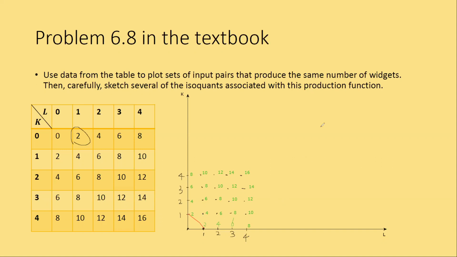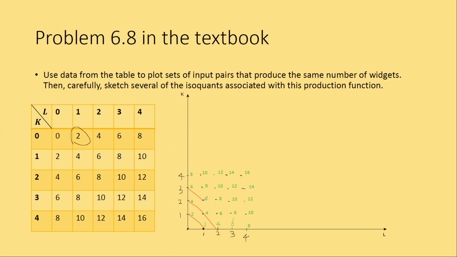And recall the definition of isoquant: it is the combination of all the inputs that produce the same level of output, right? So those 2 points are both producing 2 units, so they must be on the same isoquant. Similarly, those points are all producing 4 units of output, so they must be on the same isoquant.